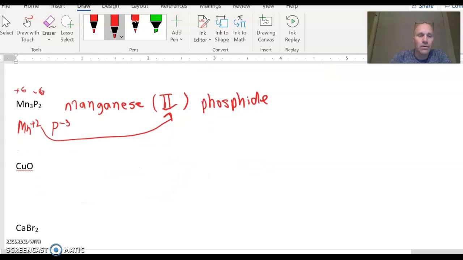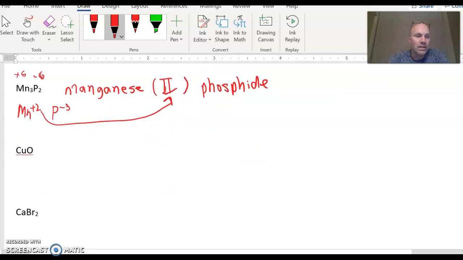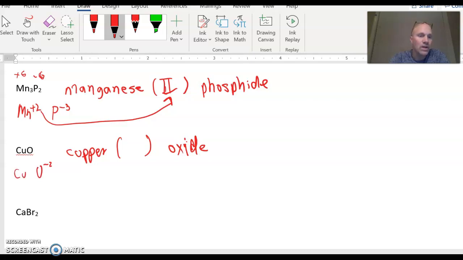So CuO, that is copper, leave that blank, oxide. Oxygen, there's only one of them there, and it's got a -2. So here are the ions that we're dealing with. Right now we don't know what the charge is on the copper, but here we do.